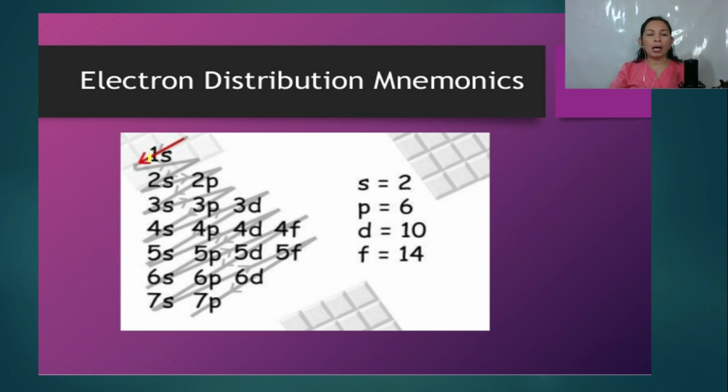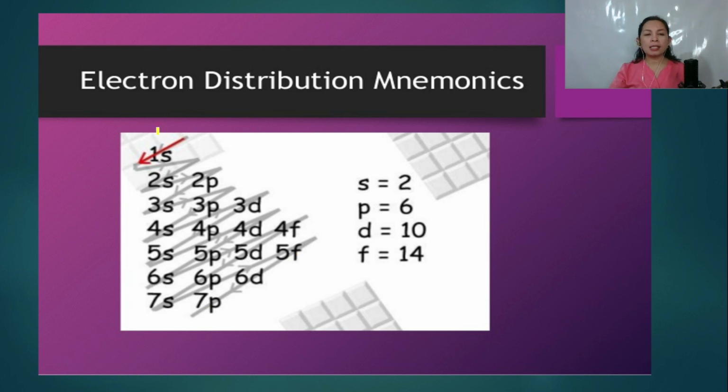So this one is the electron distribution mnemonics. The orbital with the lowest energy is 1s, followed by 2s, 2p, 3s, 3p, 4s, 3d, 4p, 5s, 4d, 5p, 6s, 4f, 5d, 6p, 7s, 5f, 6d, and 7p.